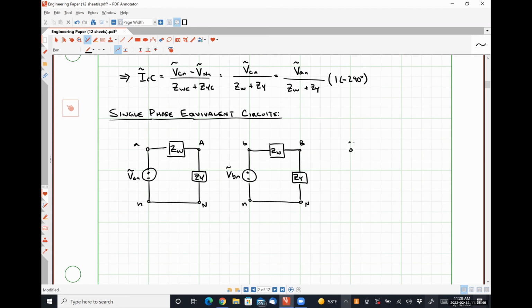And finally over here, we'll have our C-phase model. Like so.